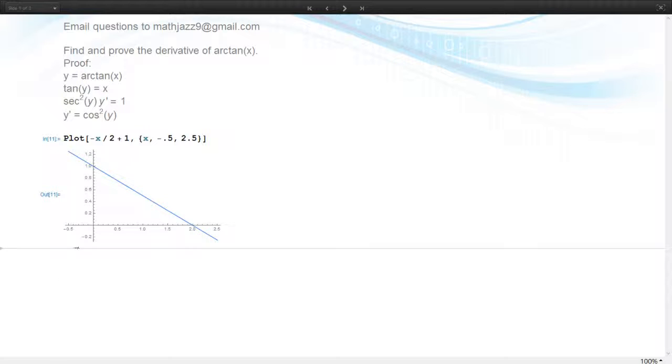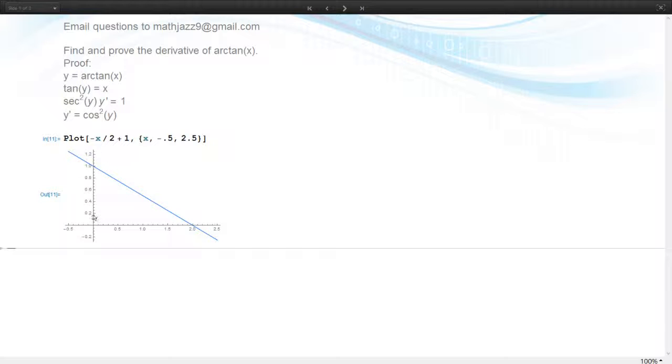Here's our triangle. So if this angle here next to the point 2, 0 is the angle that we're going to call y, that means that the opposite side of the triangle is the one that lies on the y-axis. The adjacent side is the side that lies on the x-axis, and the hypotenuse is, of course, the line that we drew connecting the point 0, 1 and the point 2, 0.